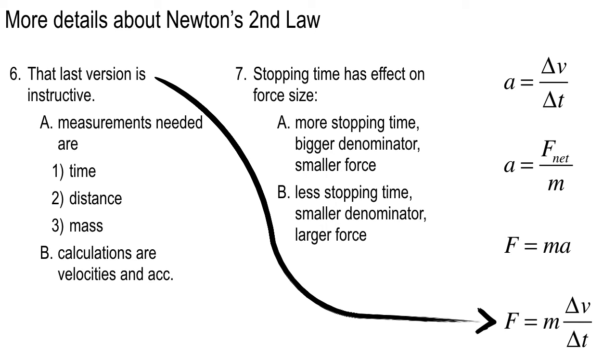Another way to look at this is in a car. If you're, God forbid, in a car accident, if you're going 10 miles an hour and you plow into a brick wall, you're going to stop in about 1/10 of a second.